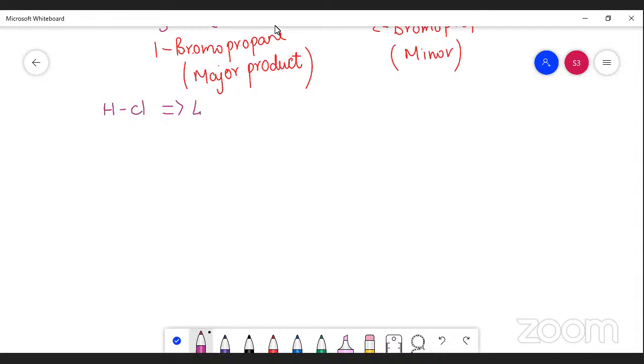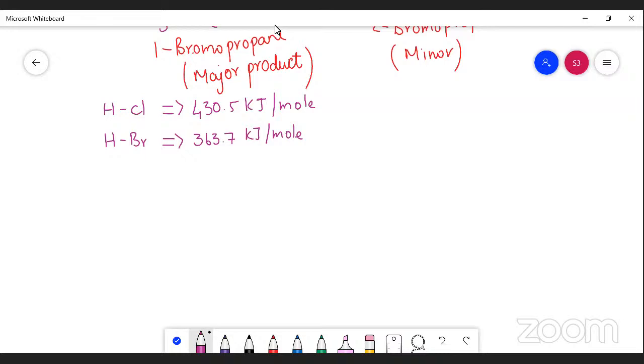So it is 430.5 kilojoules per mole. In the case of HBr, it is 363.7 kilojoules per mole. Okay.